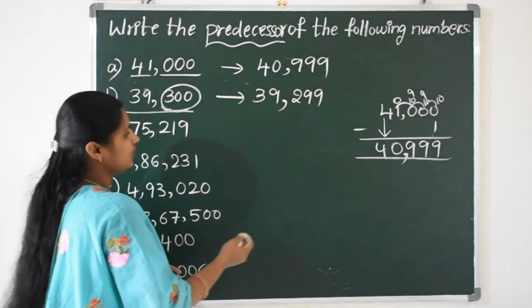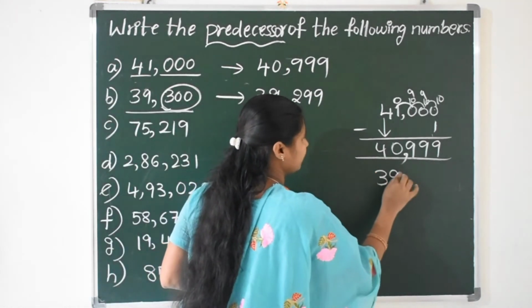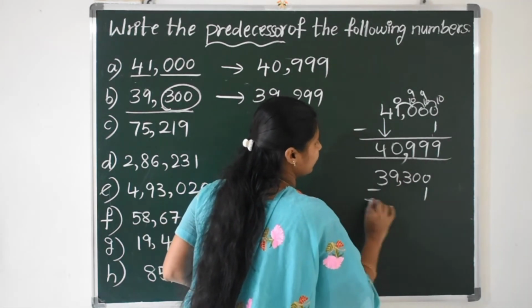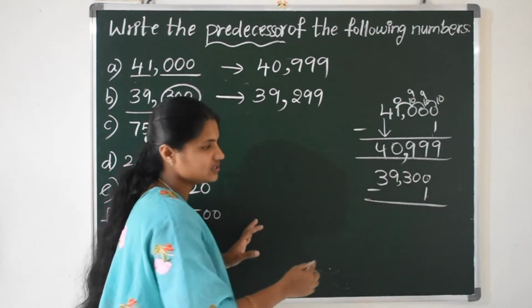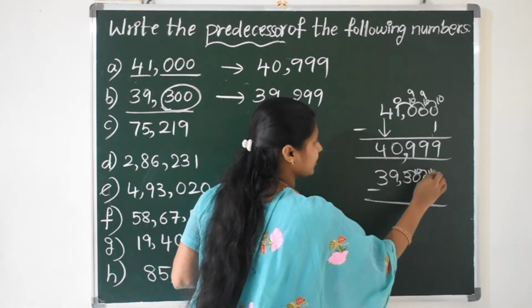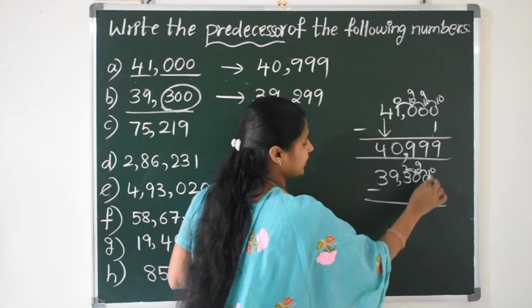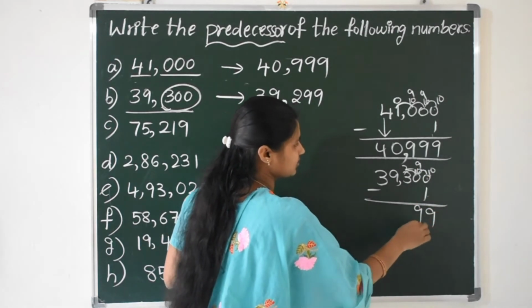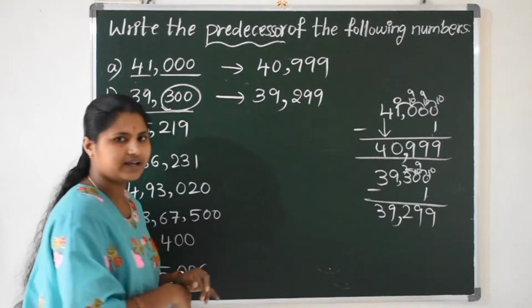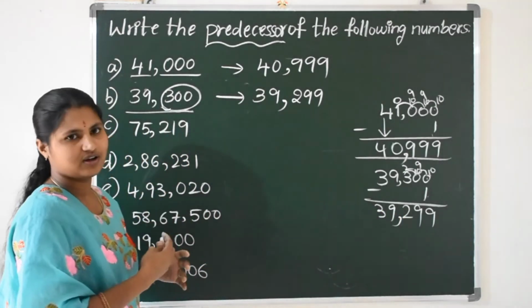Okay. If you have doubt, just subtract 1 from the given number. Okay, 0 minus 1 is not possible. So take the borrow from here. Okay, so we'll get 10 minus 1, 9. Here also 9. 2, 9, 3. 39,299. Is it clear? Okay.